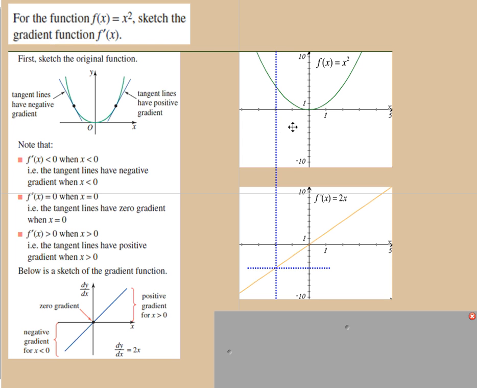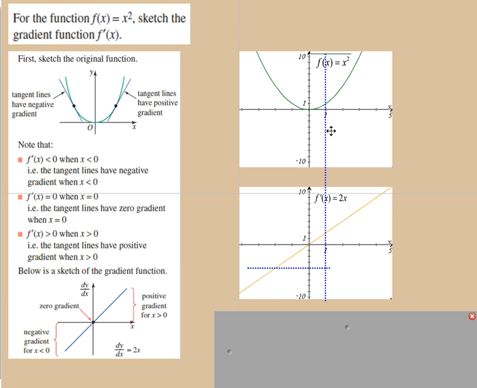And if I keep moving that line in, to x equal to 1, we expect the gradient at this particular point to have the value of 2.